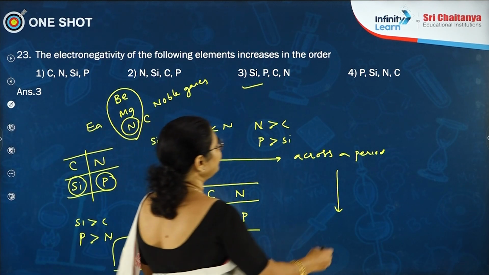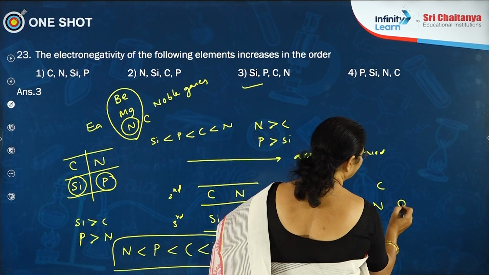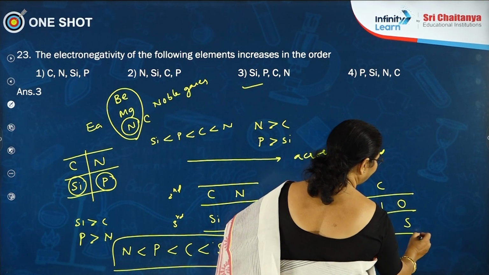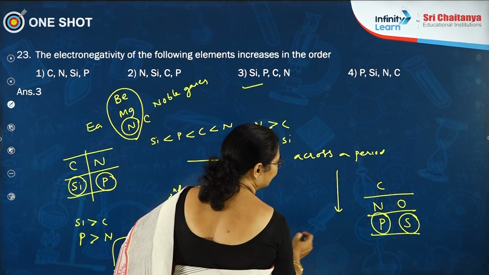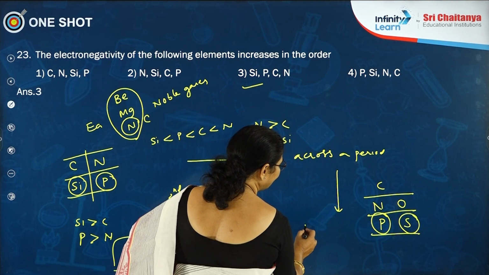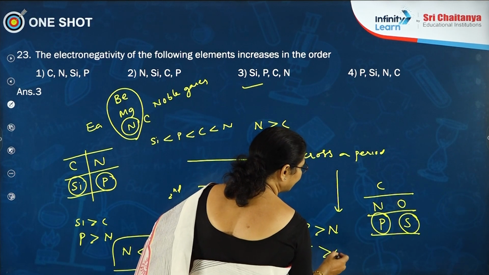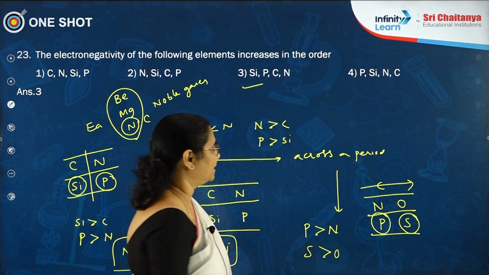If not this, they will give another set: nitrogen, oxygen, phosphorus, sulfur. Again the same trend: if they ask electron affinity, the second element has more than the first element. So out of nitrogen and phosphorus, phosphorus is greater than nitrogen, and sulfur is greater than oxygen. As we move across, electron affinity increases.